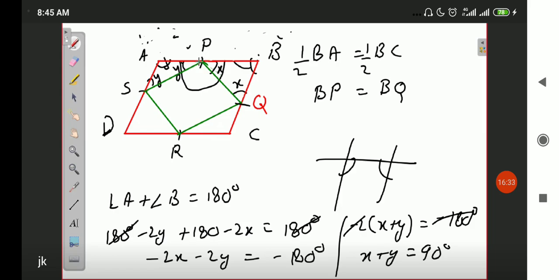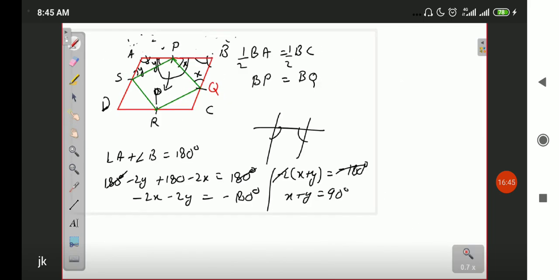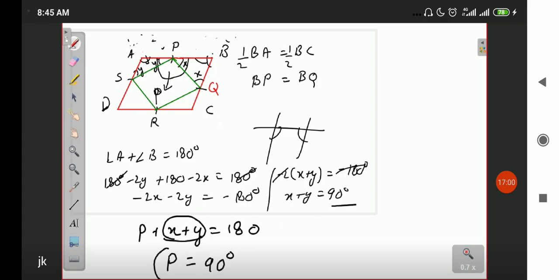So let us call this angle at P, and x plus y, all should be equal to 180 degree. So we will have angle P plus x plus y as 180 degree. We have already determined the value of x plus y as 90 degree. So the value of angle P will be 90 degree. Once any of the interior angles of this parallelogram is a right angle, therefore it is a rectangle. This is one way to prove it. Okay.